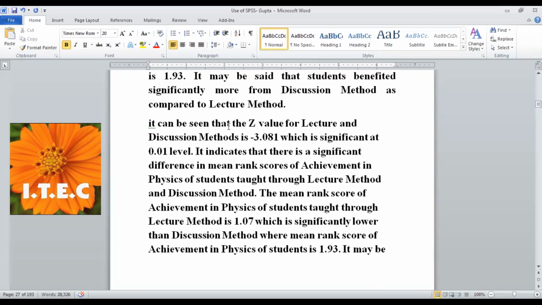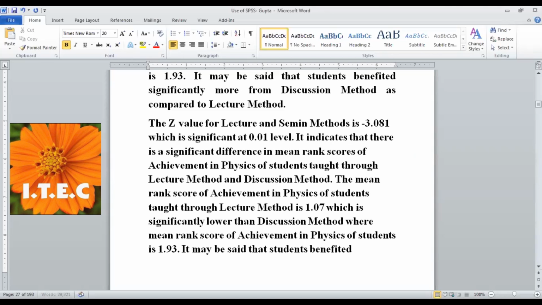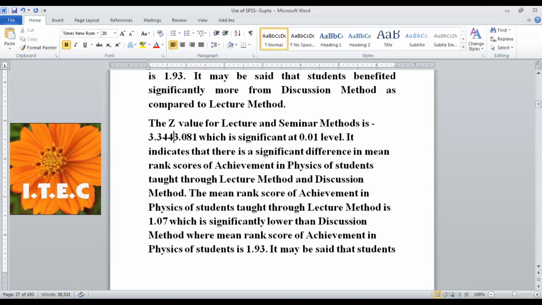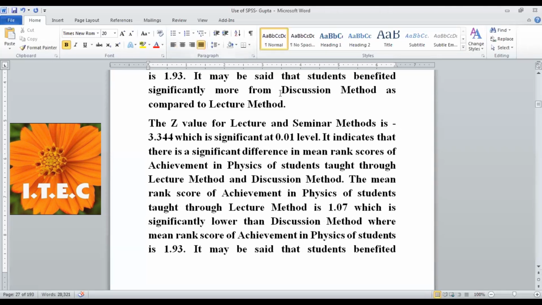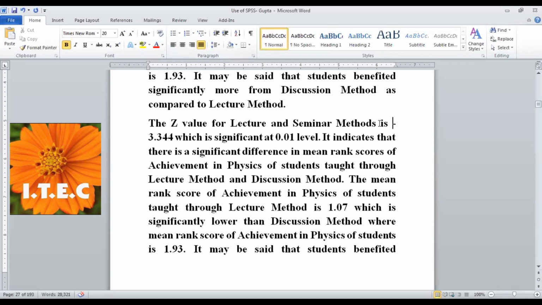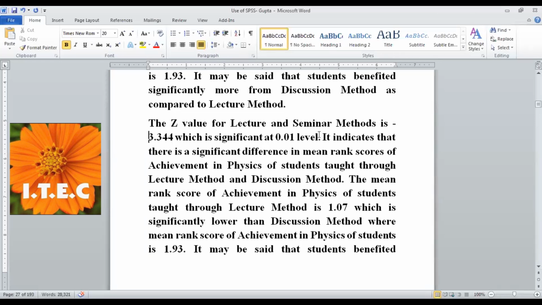I'll say the Z value for lecture and seminar methods is minus 3.344, which is significant at this level.